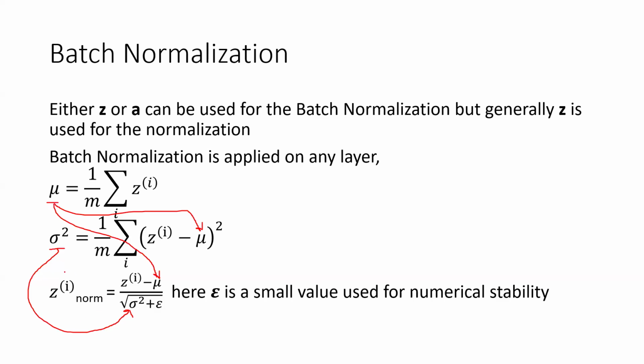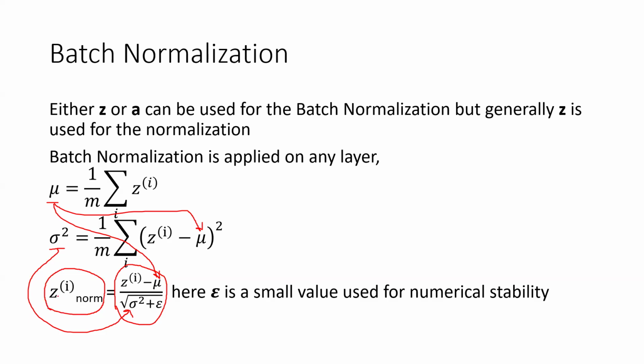z score, right? This z is the z output for the ith data point, and this is the z score of this z value. So this is the z norm, or the normalized z value.